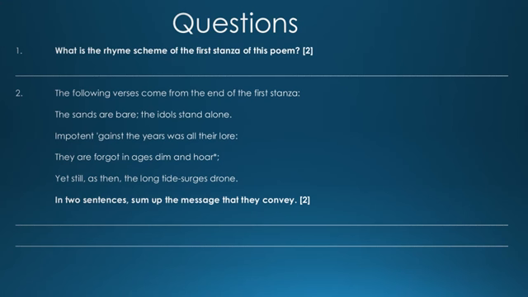What is the rhyme scheme of the first stanza of this poem? So remember that rhyme schemes could be A, A, B, B, C, C, or it could be A, B, C, A. It depends. So with this, you need to actually look at the poem, and the first word at the end of the line will be A. Then if the second word at the end of the line rhymes with A, it will be A, A. Just to give an example, let's say I have a mother, I have a brother.